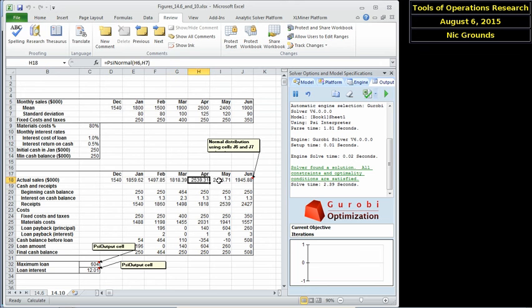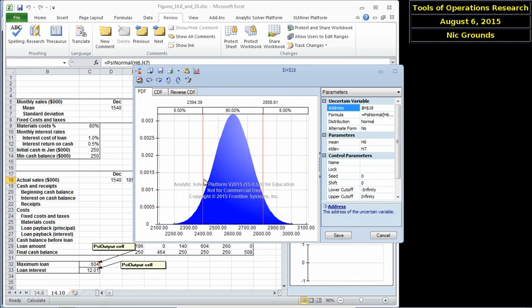All of these 6 months use the same probability, the normal distribution. So they'll all look the same, except that their mean and standard deviation are different each one. So if we looked at, say, the April numbers, if I looked at that distribution, you'll see that the mean, the expected value, is 2.6 million, and the standard deviation being higher means it's a wider graph.